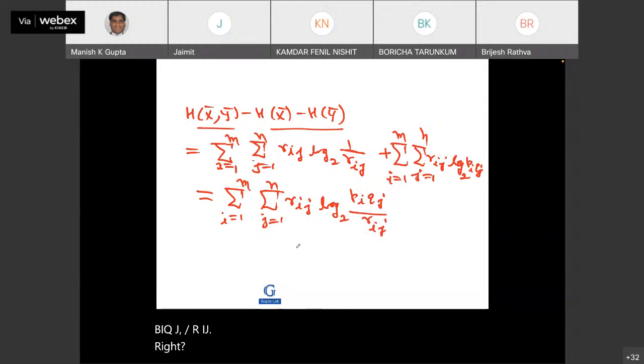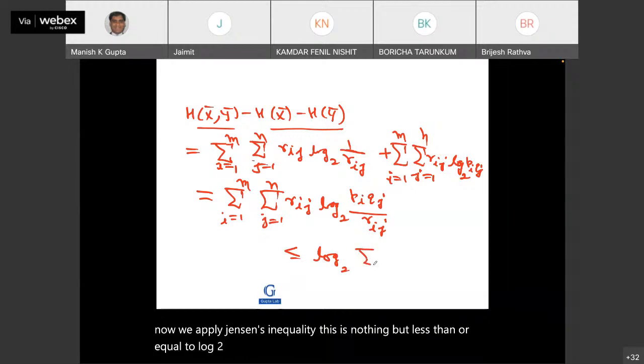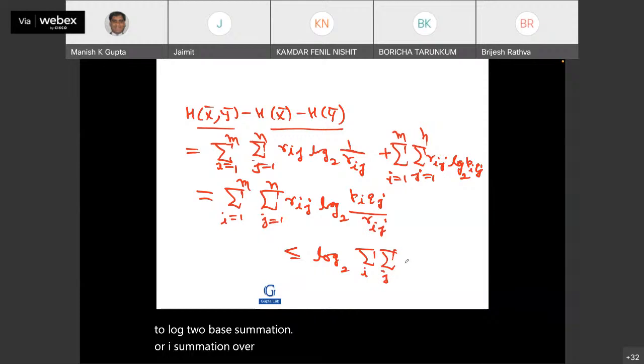Now we apply Jensen's inequality. This is nothing but less than or equal to log base 2 of summation over i, summation over j, pi qj, when this goes inside. Now this whole quantity sum will be 1.